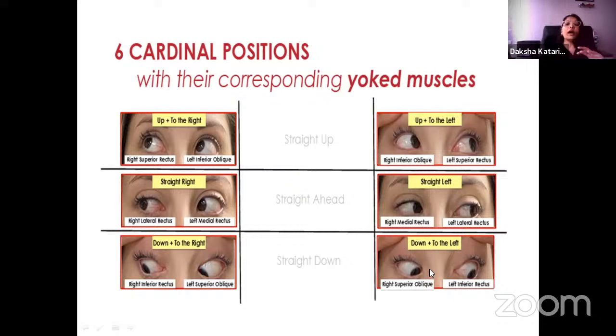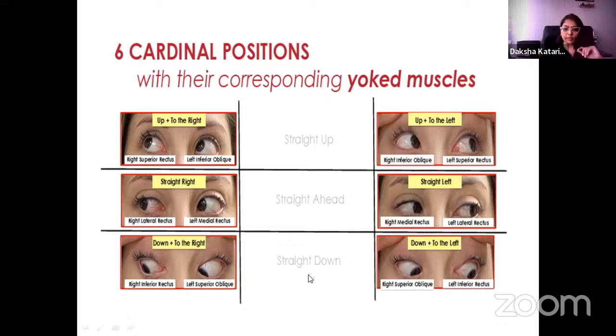Okay. Apart from this particular H, it is important to even do a straight up for seeing your elevation and a straight down to know the depression. Those are primary actions of your superior rectus and inferior rectus. Because the broad H test is not showing those positions, we have to do up and down as well.